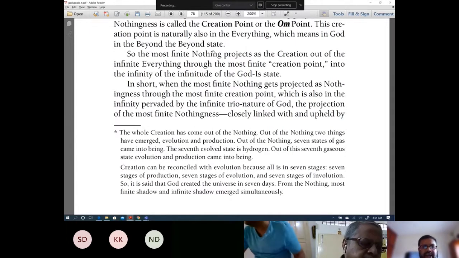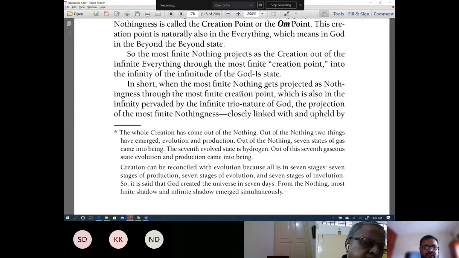So the most finite nothing projects as the creation out of the infinite everything through the most finite creation point into the infinity of the infinitude of God's state.